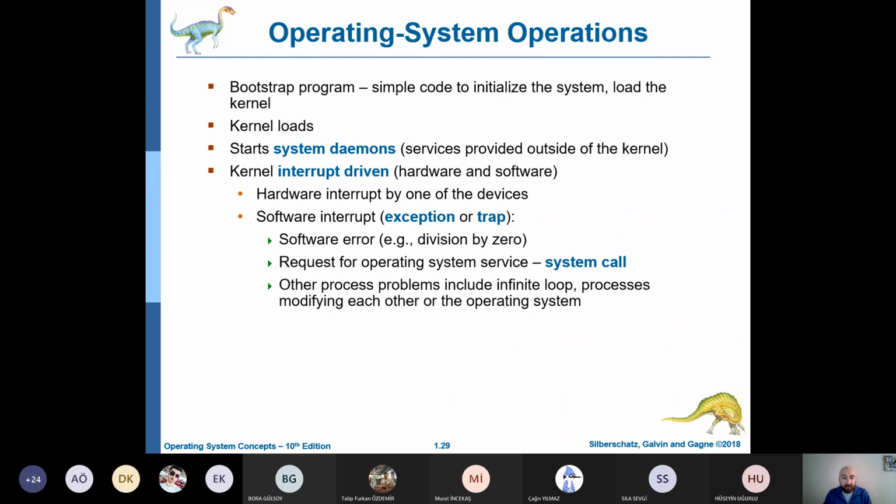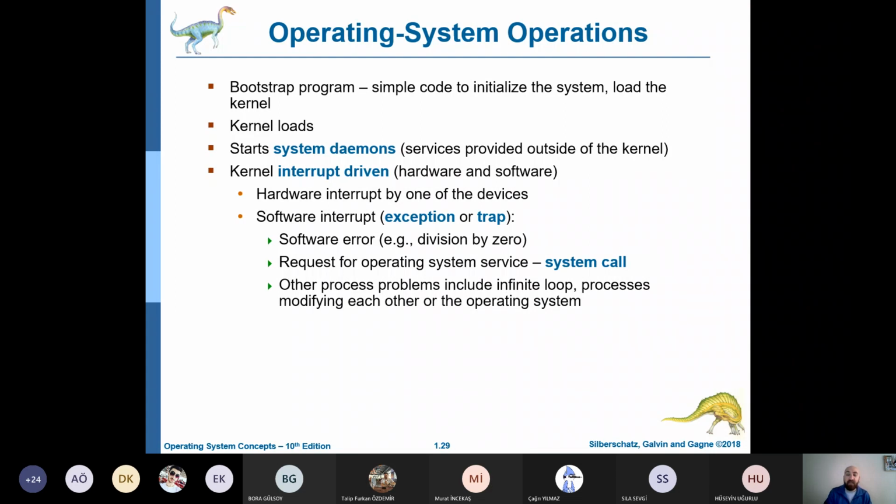Traps can be caused by an error or by a specific request from a user program. In this case, an operating system service is performed by executing a special operation called a system call.